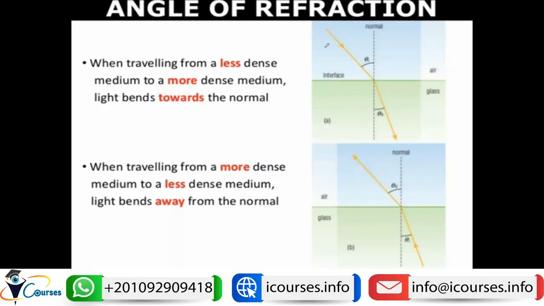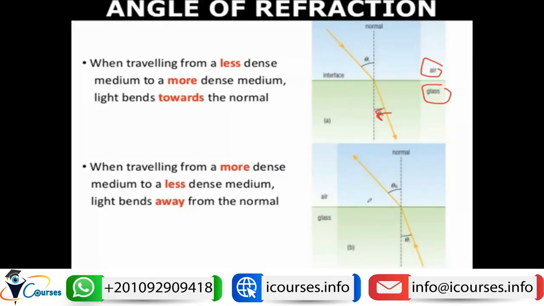If the light is traveling from a less dense medium like air to a more dense medium like glass, then the light slows down. Since the light slows down, it will be bent more toward the normal. So again, when the light is passing from less dense to more dense medium, the refracted ray will be bent toward the normal.